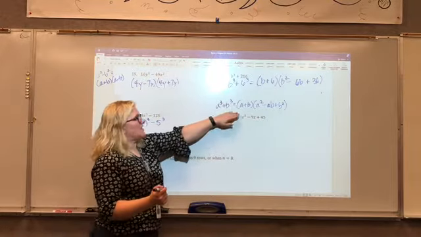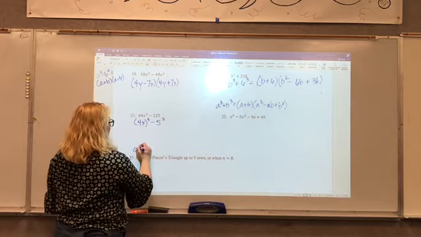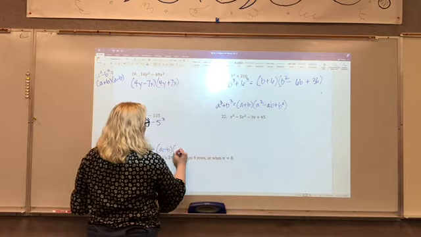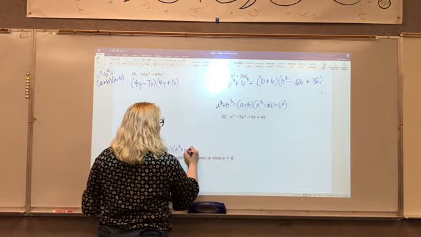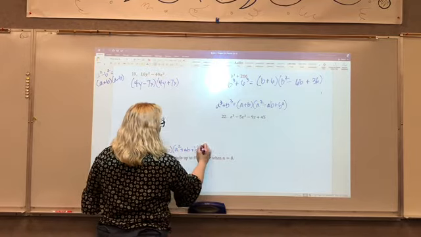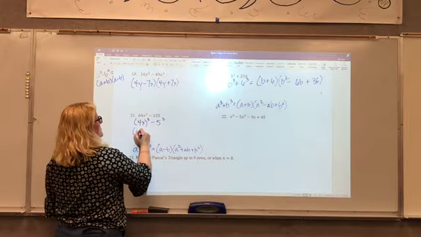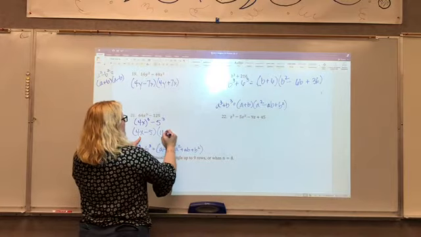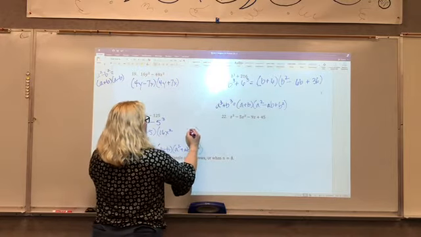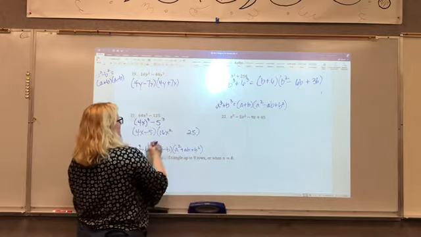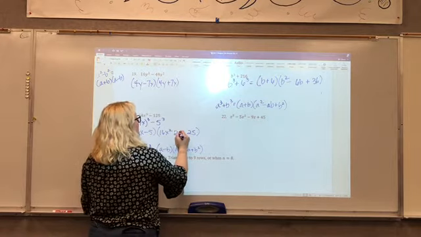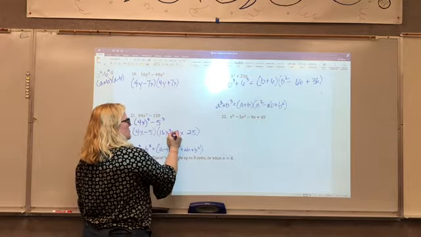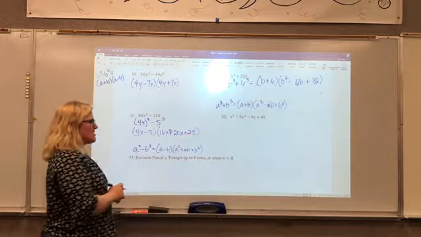And so using my formula, I have a cubed minus b cubed equals a minus b times a squared plus ab plus b squared. All right, so this becomes 4x minus 5, okay? Square the first one, square the second one, okay? And in the middle, I multiply the two, so I've got 20x. And since I already have my negative, that's going to be a positive, and that's going to be a positive.